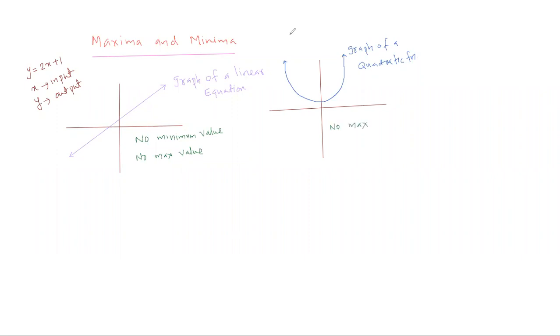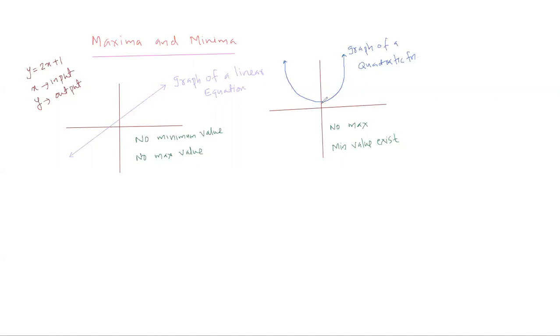Because you can see that in both directions it is moving up. So there is no maximum, but is there a minimum? Yes, sir. Yes, minimum value is there. The minimum value exists at this particular point here.